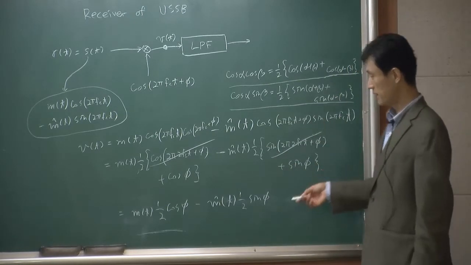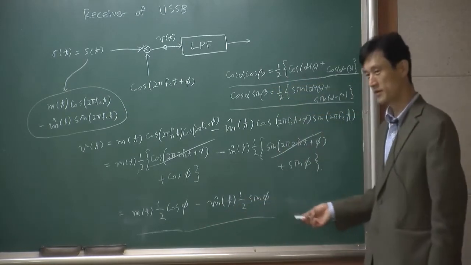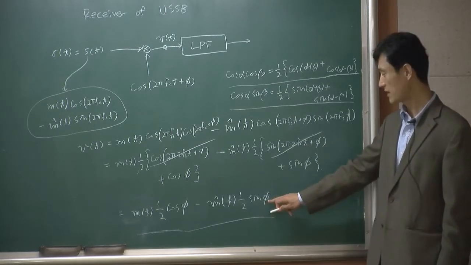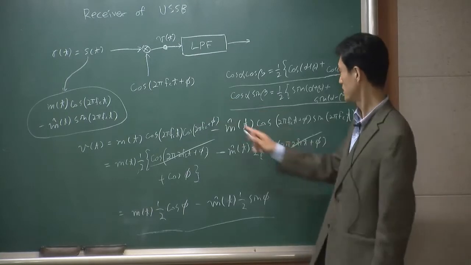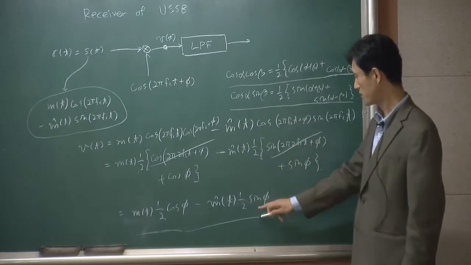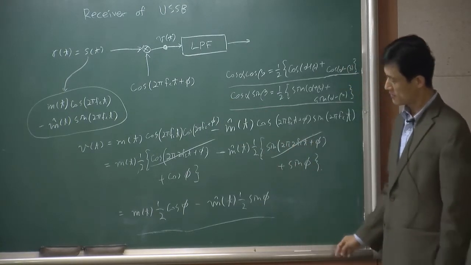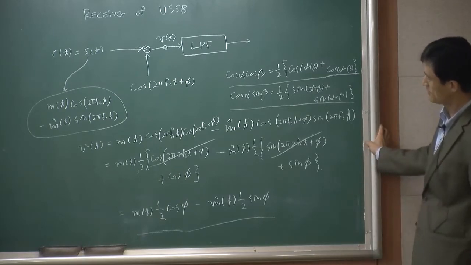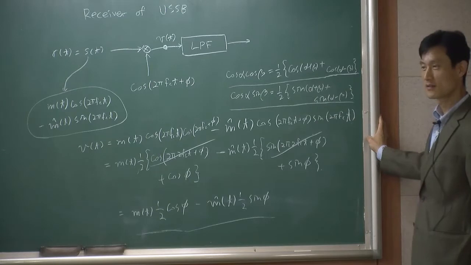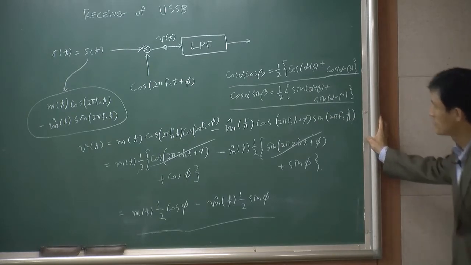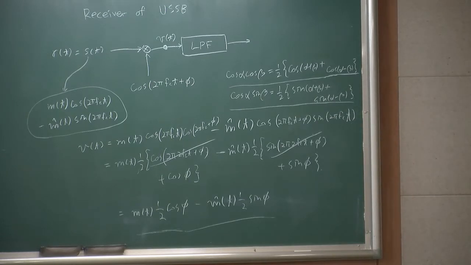But in single sideband, you have one more term, like this, sine φ, because we have a phase mismatch, and you're going to get this term in here. So that's the result. It's very easy to do.